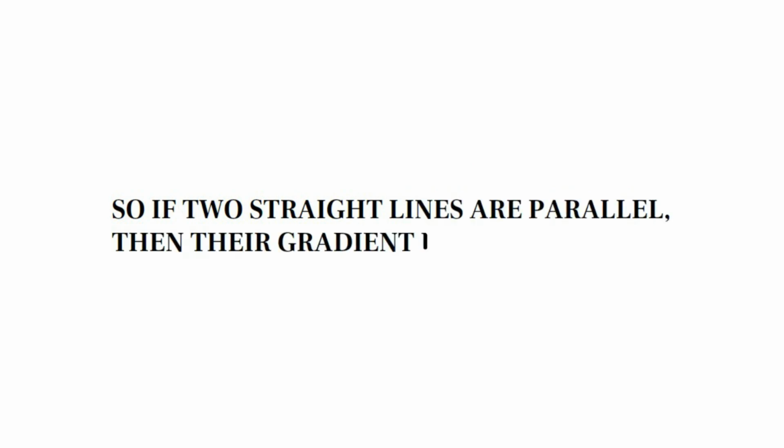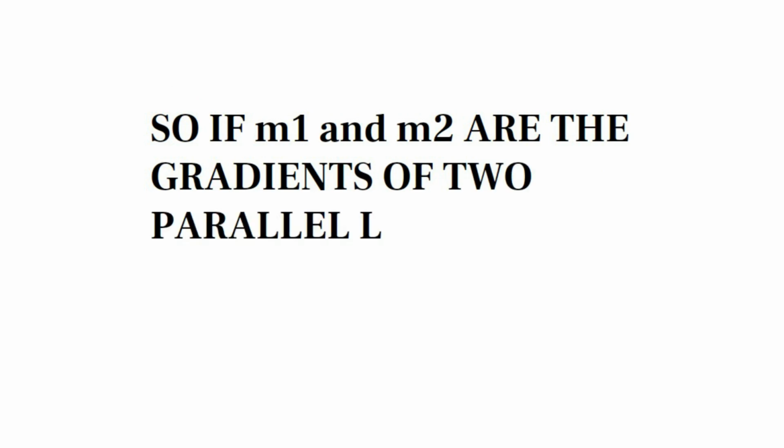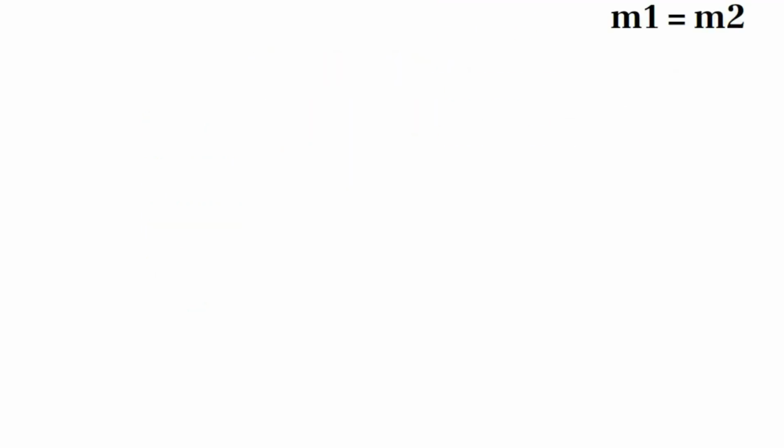Let us now look at parallel and perpendicular lines. If two straight lines are parallel, then their gradient is the same. So if M1 and M2 are the gradients of two parallel lines, then we can say M1 is equal to M2.